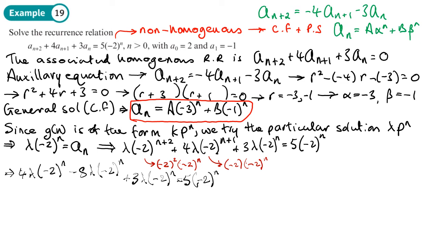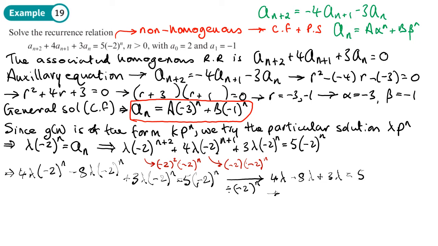Next thing we can do is divide everything by negative 2 to the power n, and so that will leave us with 4 lambda minus 8 lambda plus 3 lambda equals 5.